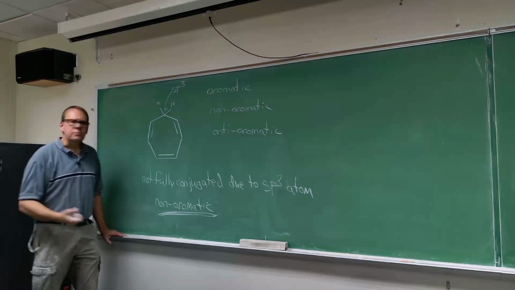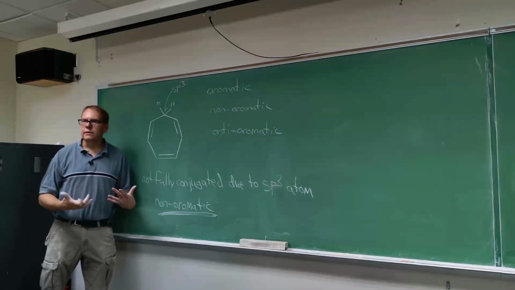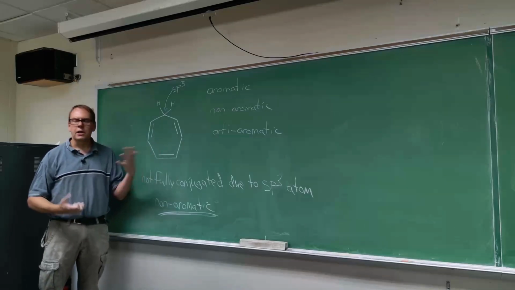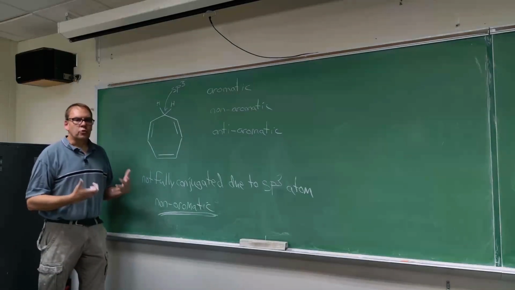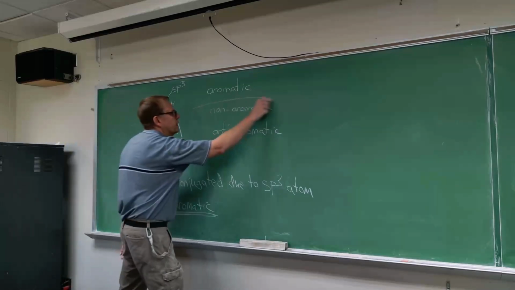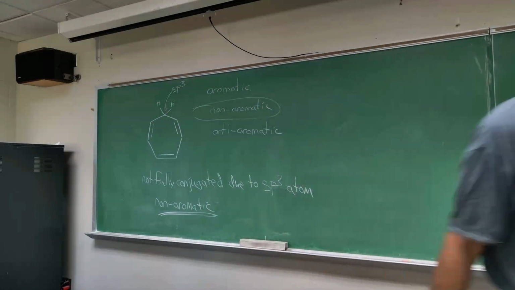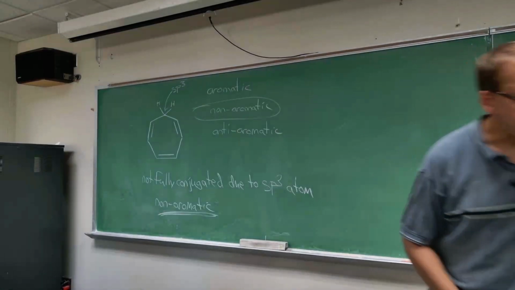It has a little stability because it is conjugated, but it isn't aromaticity-level stabilization. You get a little bit of stabilization from conjugation, but mostly it's just a normal molecule. It's not really stable because it's not aromatic. Non-aromatic for this one is the answer. So look for that. And just make sure before you start counting pi electrons that you know you've got a fully conjugated ring or not.